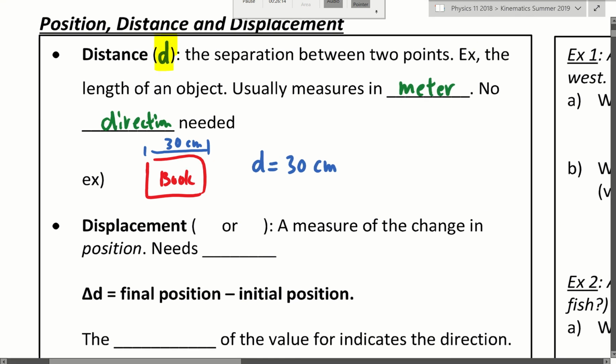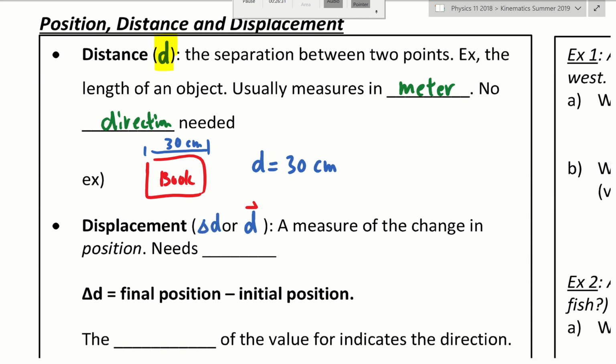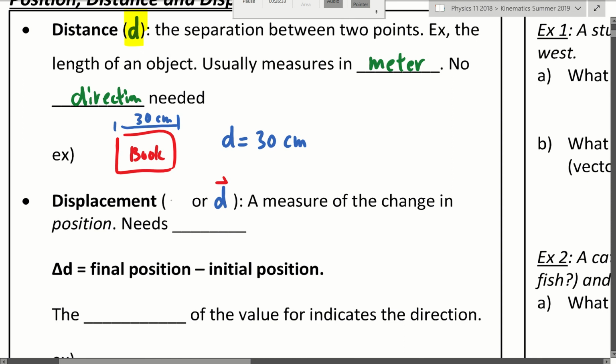So distance is d, whereas displacement is d with a little half arrowhead on top like that. So, okay, that indicates that this is a vector. You need direction, please. Or you can say change in position. Change in position works too. So this is a change in.